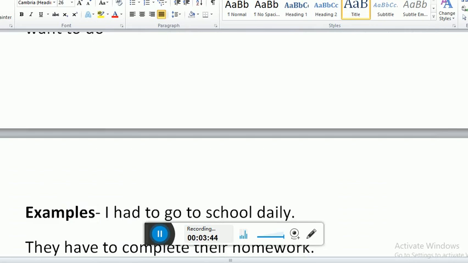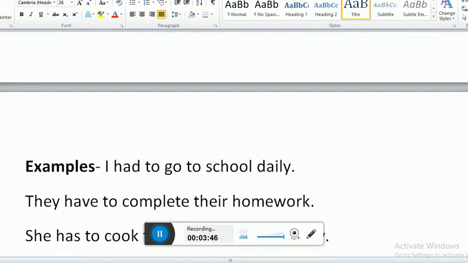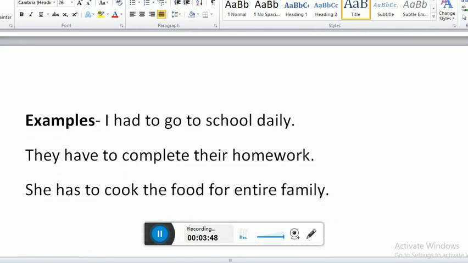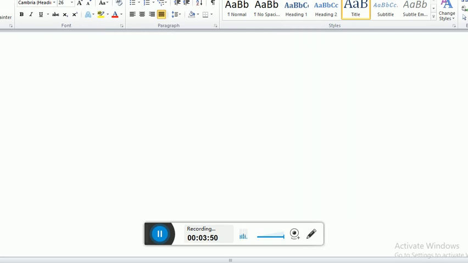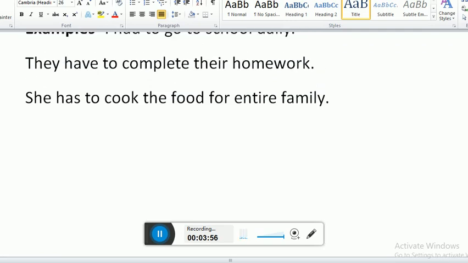For the subject, I had to go to school daily, because we don't want to go to school, so we are compelled to go to school.